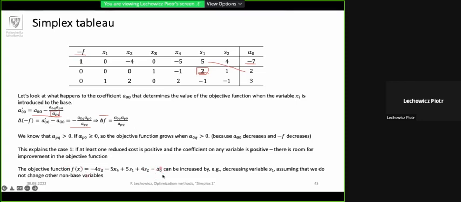Because if we decrease the value for S1, we need to increase the value for the right-hand side of the equation, and other non-base variables are equal to 0, right? So we know that we are increasing the value of the objective function.